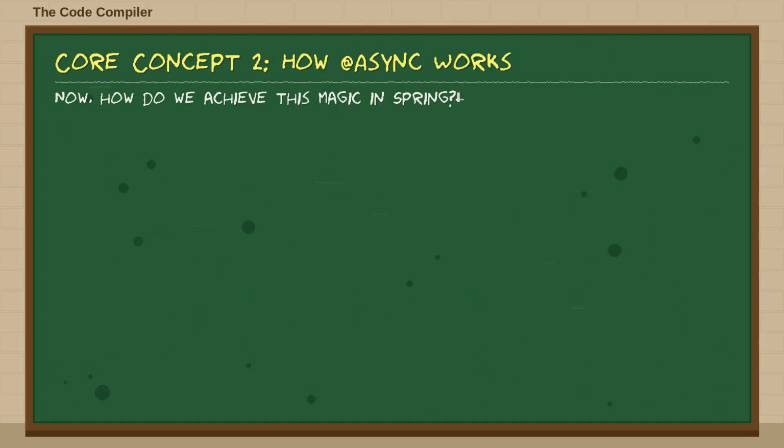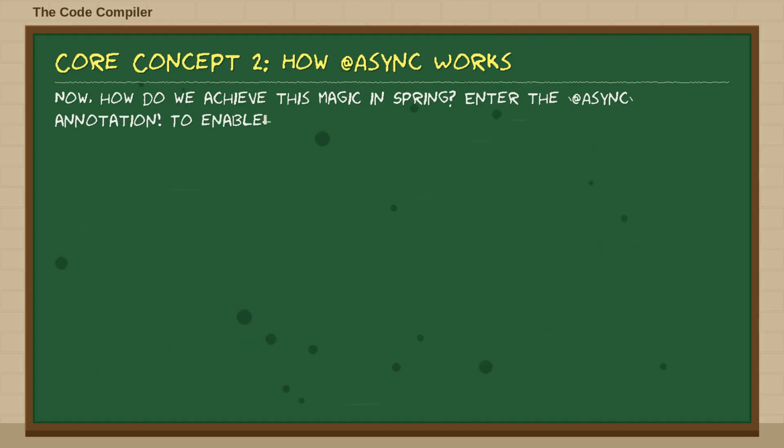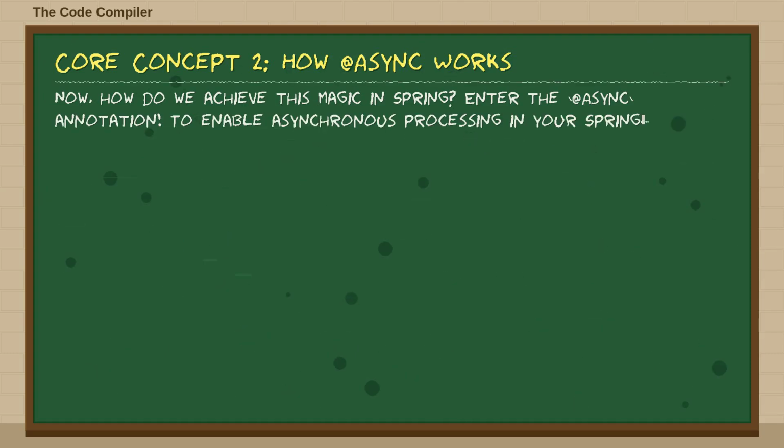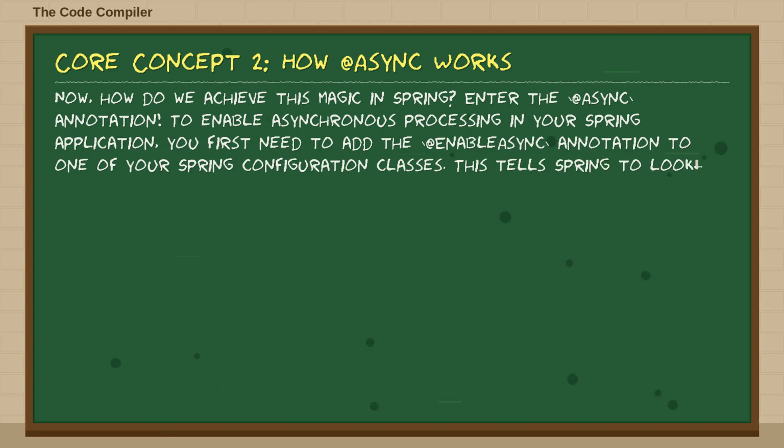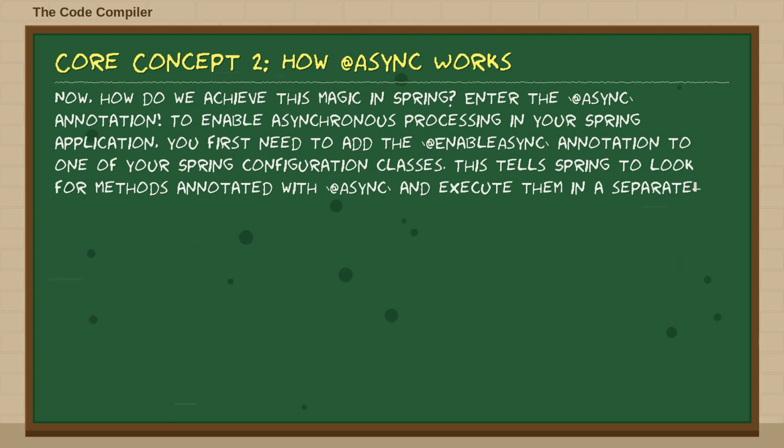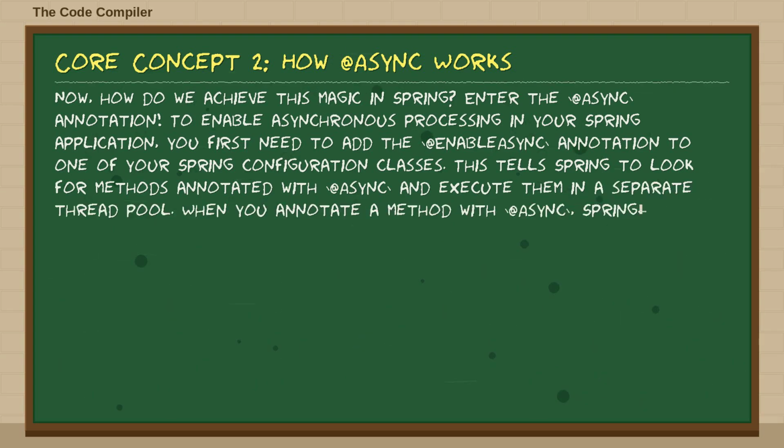Enter the @Async annotation. To enable asynchronous processing in your Spring application, you first need to add the @EnableAsync annotation to one of your Spring configuration classes. This tells Spring to look for methods annotated with @Async and execute them in a separate thread pool.